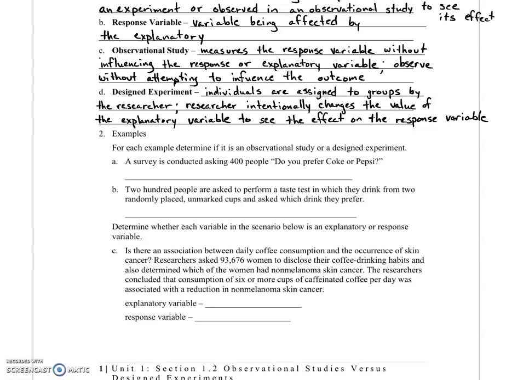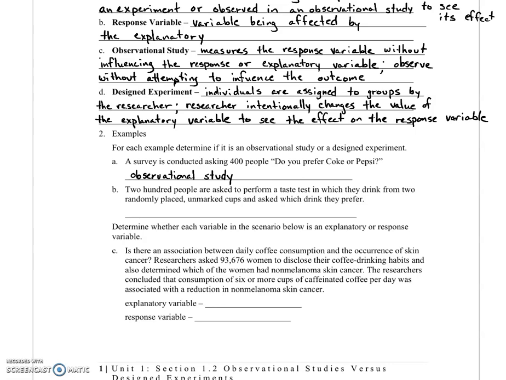So this one, I would say, is an observational study. We aren't changing anything. We aren't trying to see if different levels of something affect things differently. We're just asking, do you prefer Coke or Pepsi?